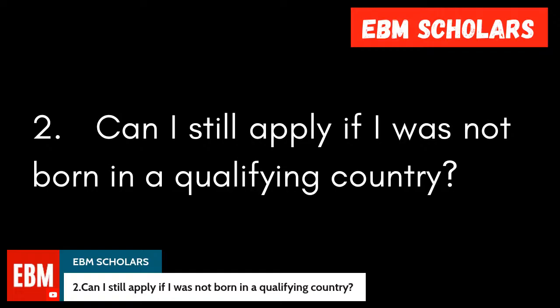But the question will come: are you claiming your eligibility based on the country of birth? You will say no, I claim eligibility based on the country of my spouse. So at question number 6, you say the country of chargeability is the country of your spouse. If your spouse is from Ghana and you are from Nigeria, you can claim your chargeability or eligibility to participate in the diversity visa lottery based on the country of your spouse.